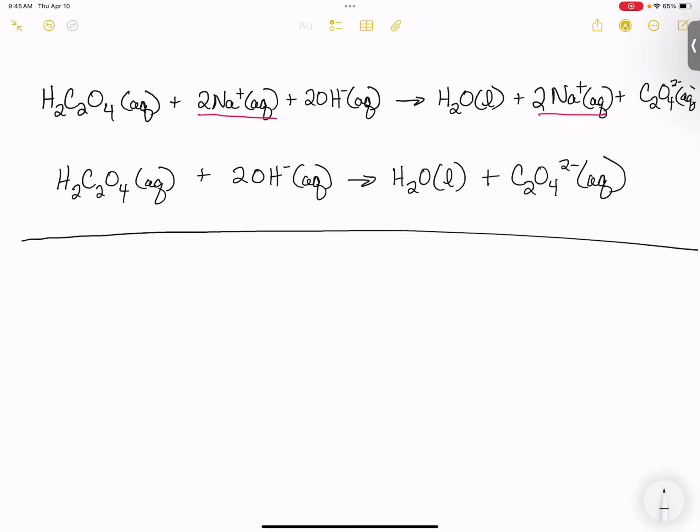Okay. We're on to the world of redox reactions.